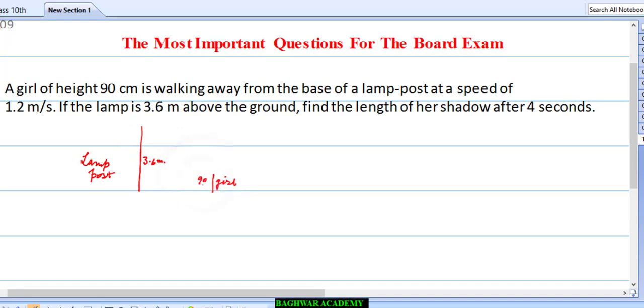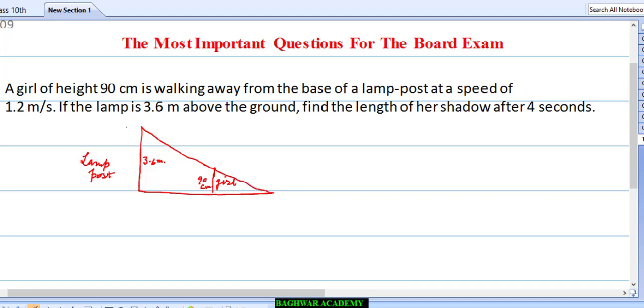Now suppose the shadow has been cast up to here. This is the shadow of the girl, and then join this line. So this is your figure for this question.